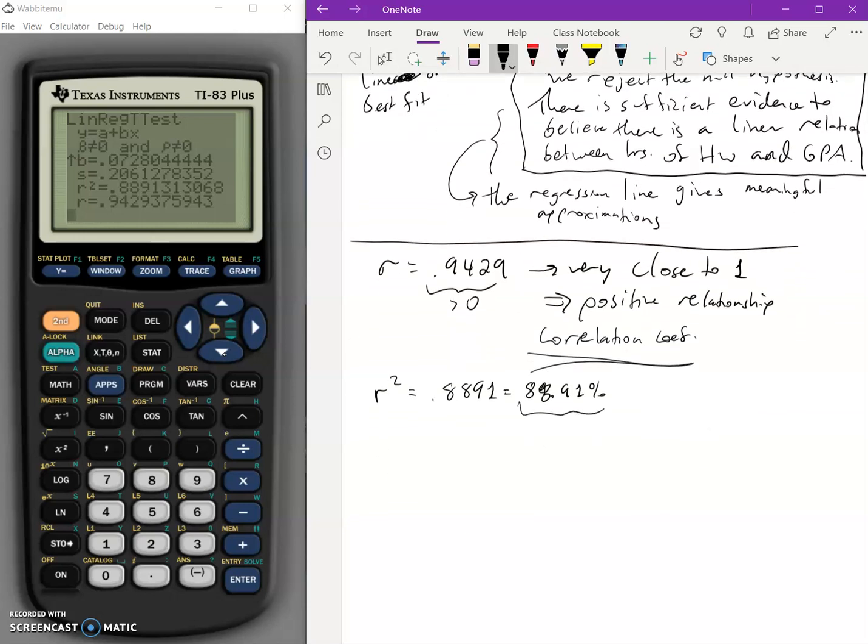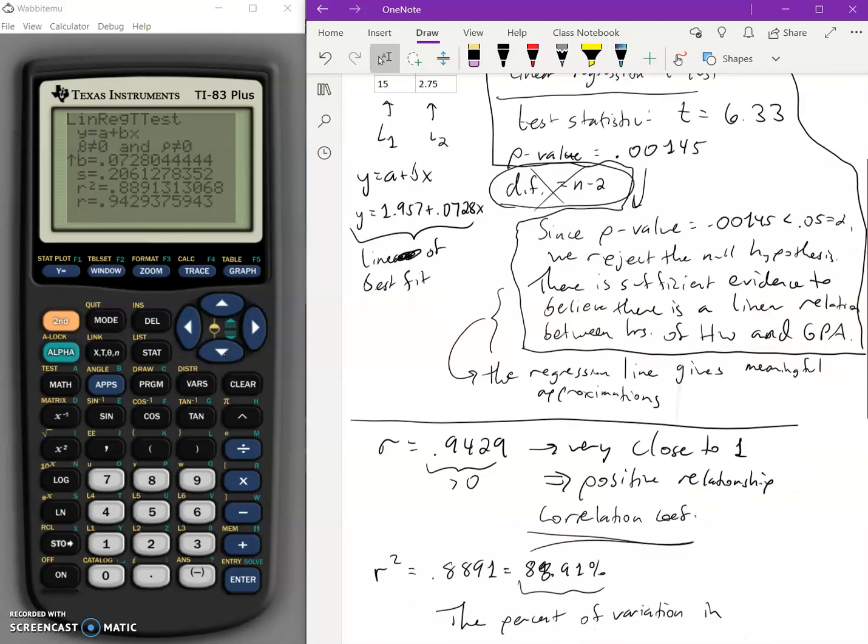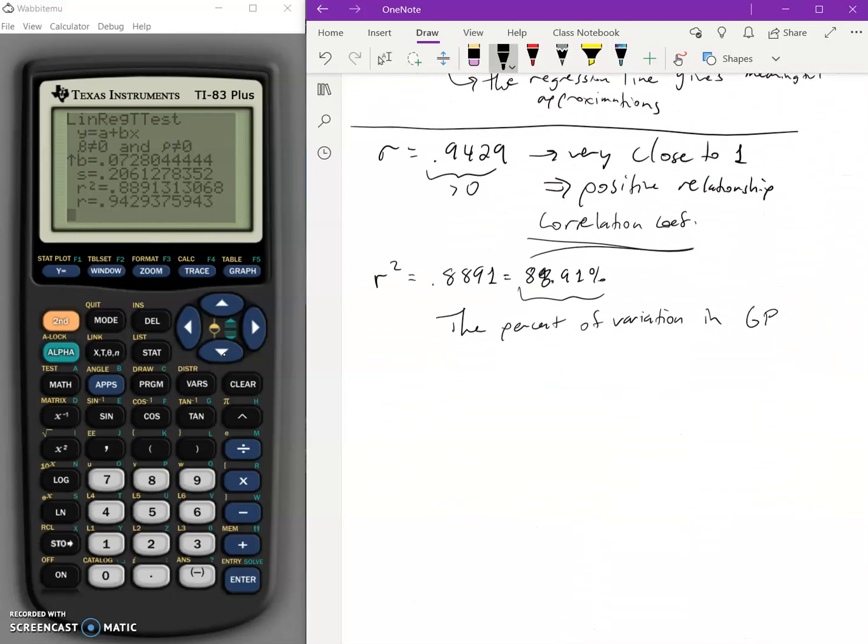So what this number is saying is that 88.91% of variation in GPA is explained by variation in the X value.